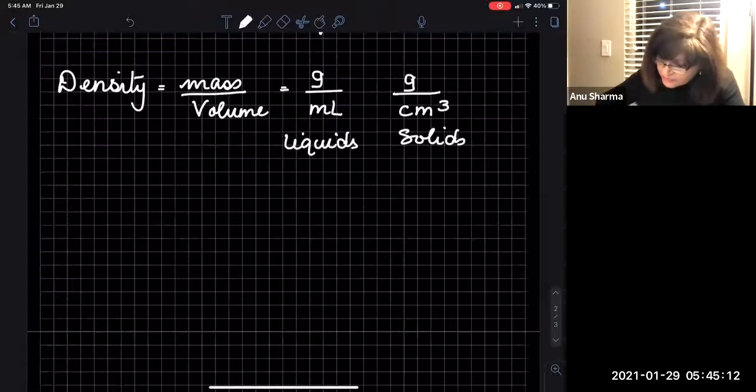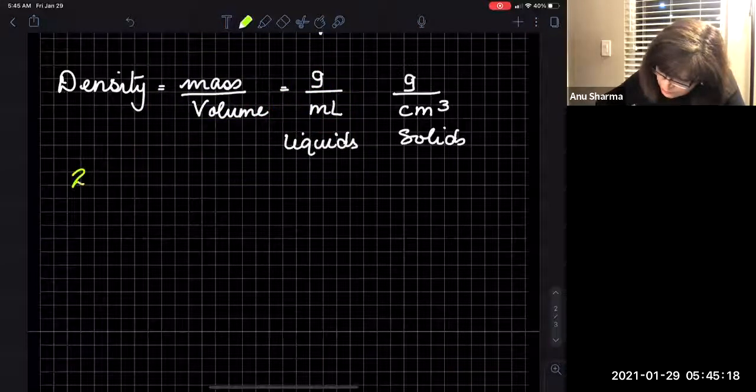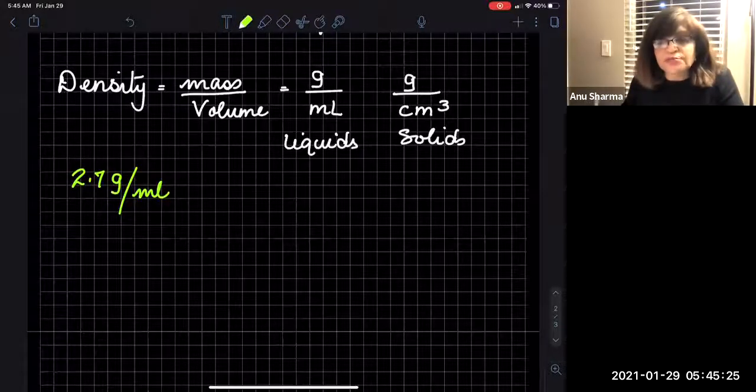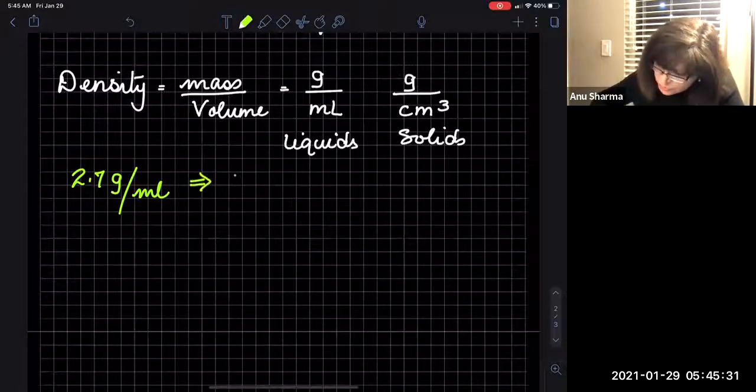So what is the meaning of that? Let us say something has a density of 2.7 grams per milliliter. Let us say this is the density of some object. This can be converted into an equality. This means that 2.7 grams is equal to 1 milliliter.